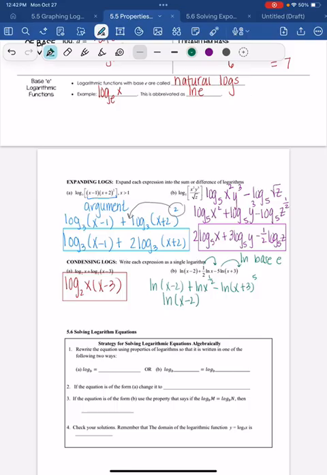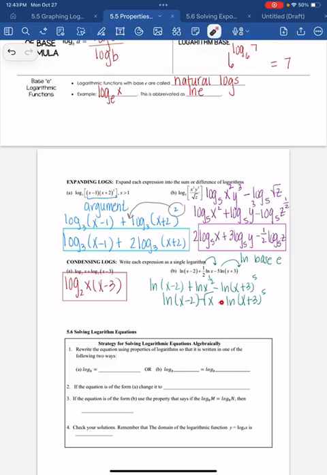And then when you add logs, so I'm adding the logs, I'm going to take one of the arguments, which is x minus 2, and I'm going to multiply it by x to the 1/2. Okay, well, x to the 1/2 is the square root of x. Okay, and now when you subtract logs, you divide arguments.